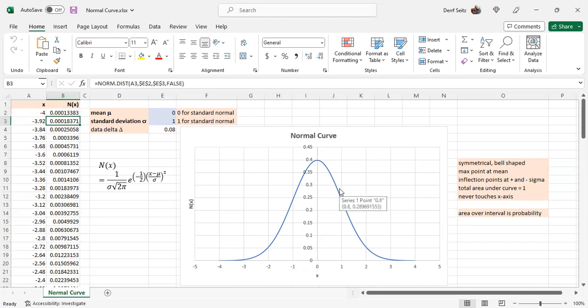So this is a probability curve where we can obtain probabilities of things happening in the context of this kind of a distribution.